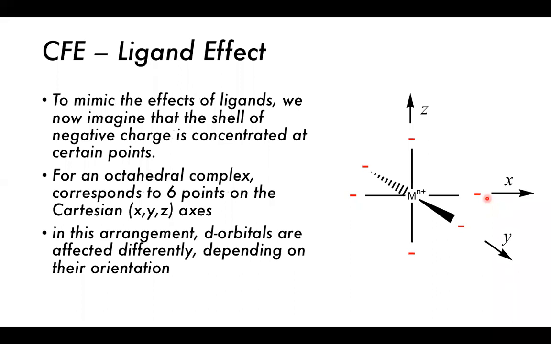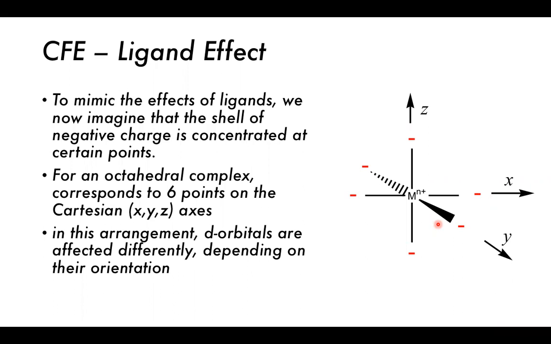So then to mimic the effect of the ligands, since obviously the ligands have different approach vectors, they're along these octahedral lines. They don't totally express themselves equally over the whole surface of the metal. They're much more localized than that. We have to match up where the ligands are compared to the metal orbitals, the d orbitals.